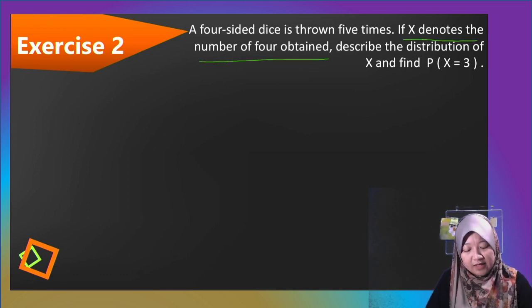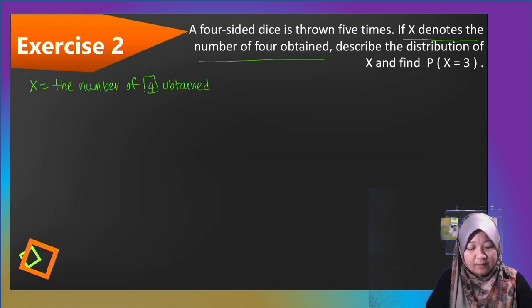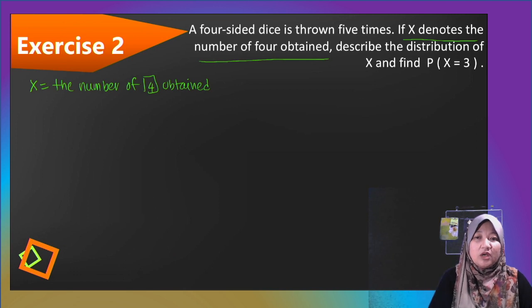So, kita tulis x about the number of 4 obtained. Okay, apa-apa kita tulis dulu. Apa x yang kita nak cari? Mesti tulis x apa. X tu mestilah successful event yang dia sebut. Okay. Apa yang dia mention dalam soalan tu adalah success event. So, kita tulis dulu.